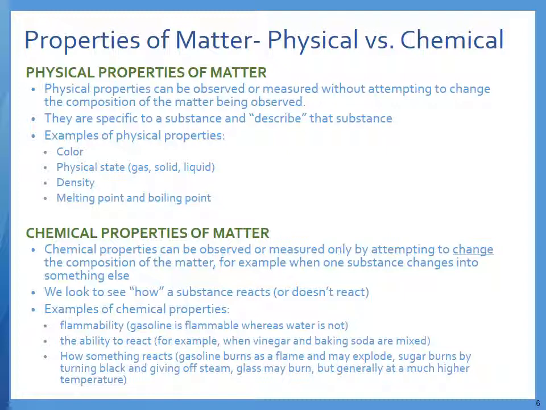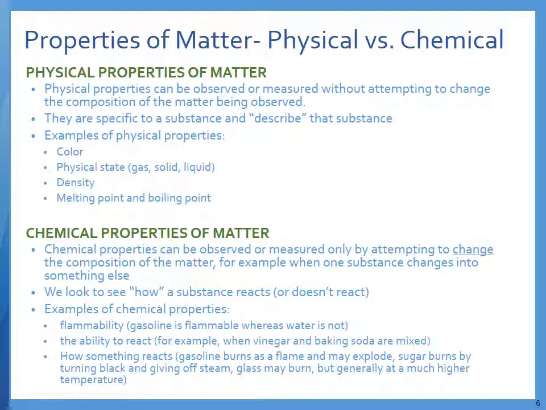All right, so properties. There's two types of properties that we're going to talk about: physical properties or chemical properties. Well, a physical property just has to do with an observed measurement of some kind. So you're not changing it. The compound doesn't change to something else. It is what it is. So physical properties are things like color, what state the chemical is in, its density.